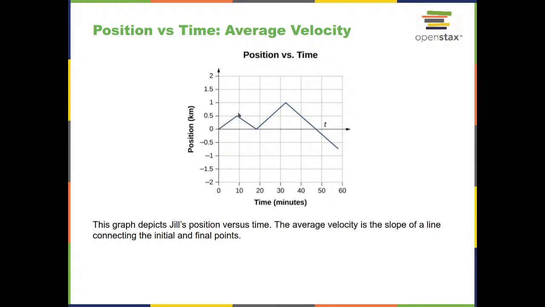So if we put that on a graph versus time, we of course see this behavior where we start at 0, go to 0.5 after a certain number of minutes, back to 0, up to 1, and back to minus 0.75. So this is something you'll need to do in one of the next problems, is come up with these kinds of graphs.